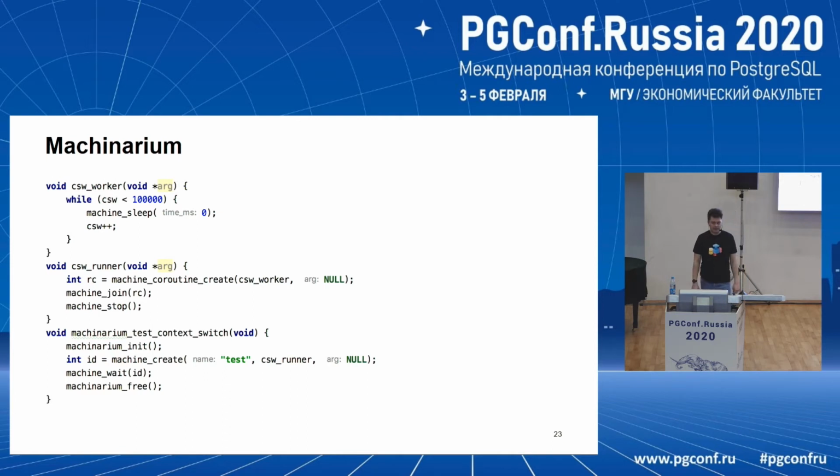Machinarium is a more complex library which is designed for multi-flow calculations and for processing of messages regarding events. In Machinarium, you have the so-called machines. And the machine, in essence, is just a thread that is attached to a certain processing core. And on it, you can have the machines registered.